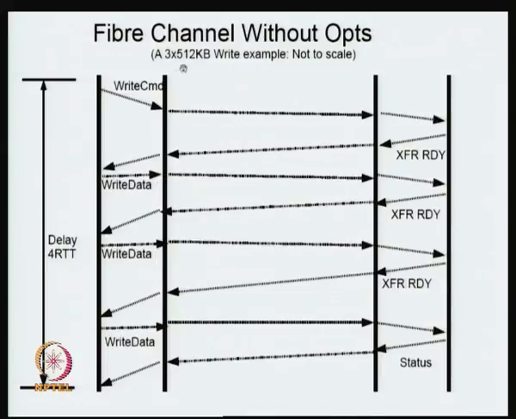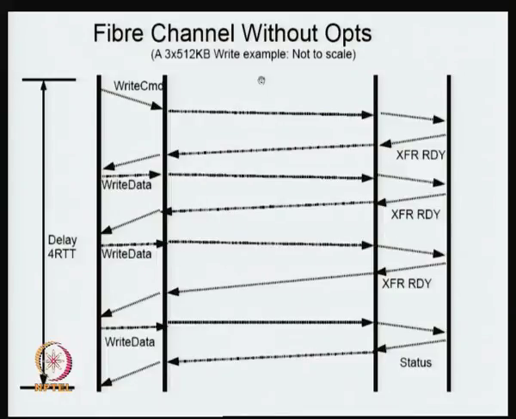Suppose I am doing a 3 into 512 kilobyte transfer. I send 512 kilobytes, it has to come back all the way. This is for the first 512 kilobytes, this for the second, this for the third, and then the status will come back. So you can notice these delays, 1, 2, 3, essentially some 4 round trips are involved.